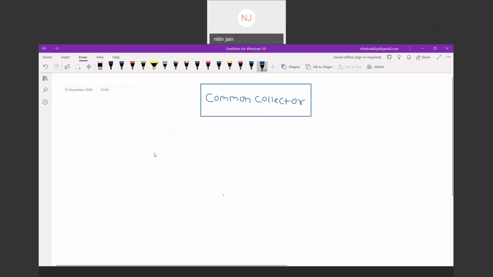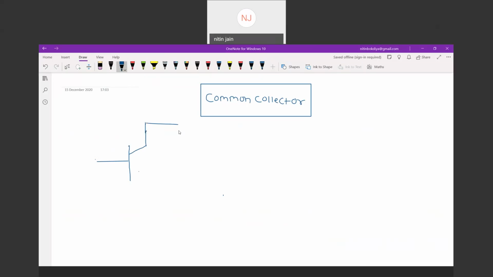In a common collector circuit, what we can say, we are having this. This is the collector.